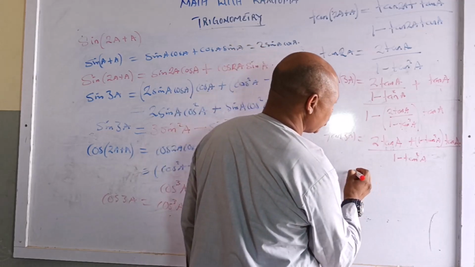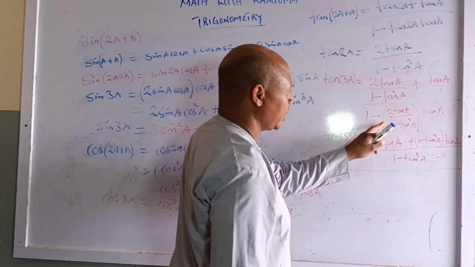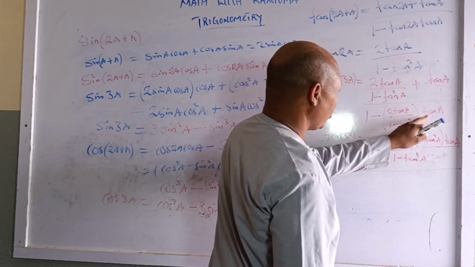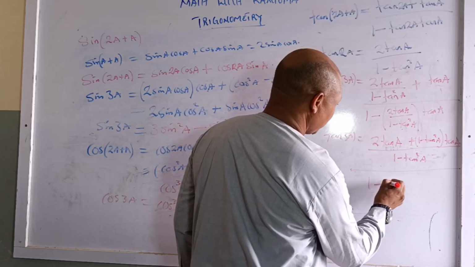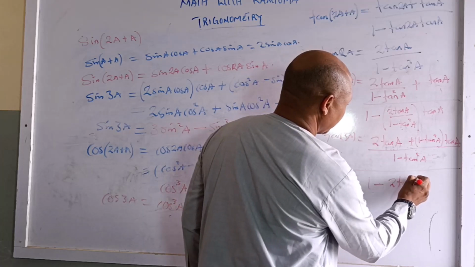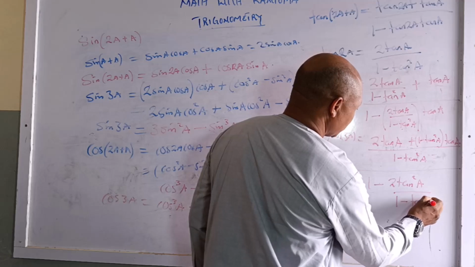Then for the denominator, if I open this bracket, I have 1 minus 2 tan square A divided by 1 minus tan square A.